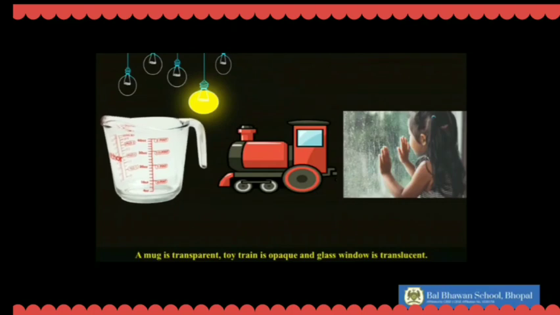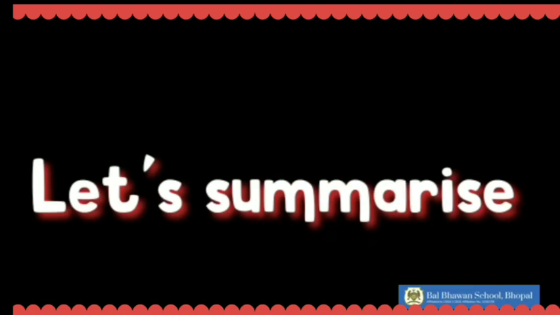Children, your time is over. Now you can see that the glass mug is made up of transparent material. The engine is made up of opaque material and the glass window was made by translucent material.